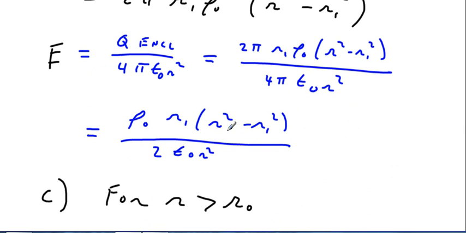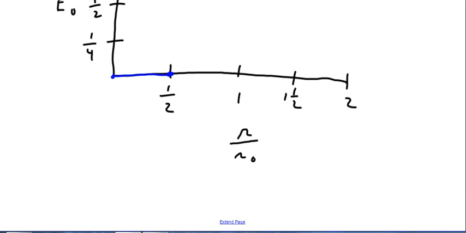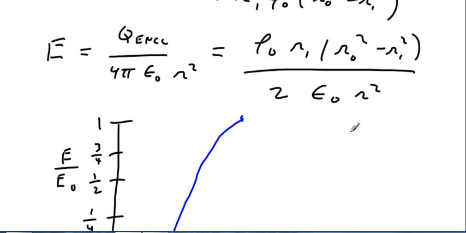Okay, so R squared here, R squared there, R1 minus R, that's a constant. So this is going to be some number divided by R squared. Okay, so that's going to be something like that. And then once I get to the outside, I'm dividing by R squared as I get bigger.